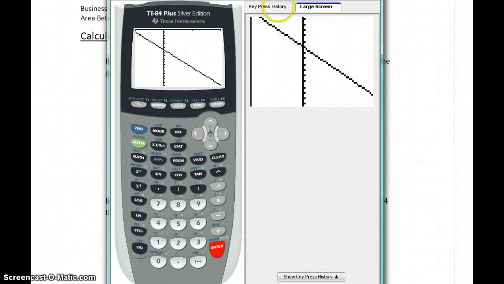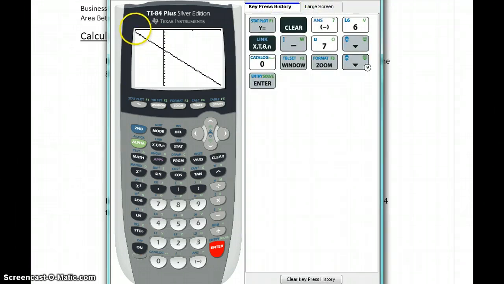That's not quite showing up in the large screen view over there, but we can see it over here. At the very top of our graph, we have the x-axis, which is that line y equals 0. And then we have our other line, y equals negative 6x minus 7. So in this case, y equals 0 is taking on the larger function values over this interval.